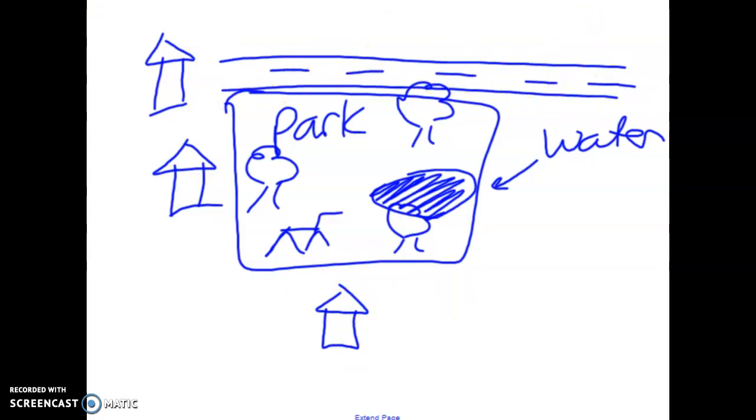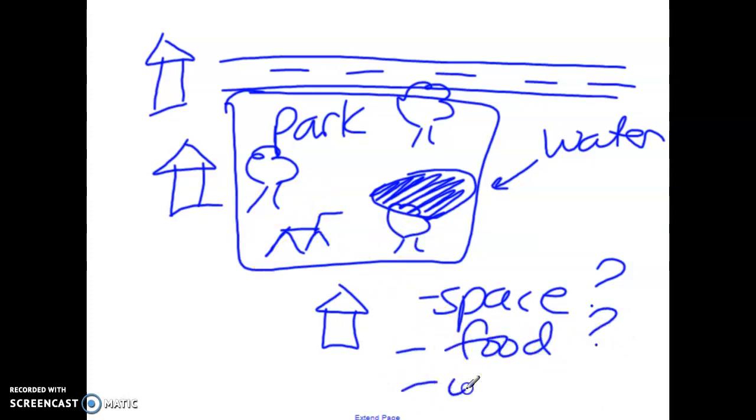So this park has a certain limit on the amount of things that can live here, right? There's only a certain amount of space. So space might be a problem. There's only a certain number of trees that can fit there. Maybe for the deer, there's only a certain amount of food available or water available.